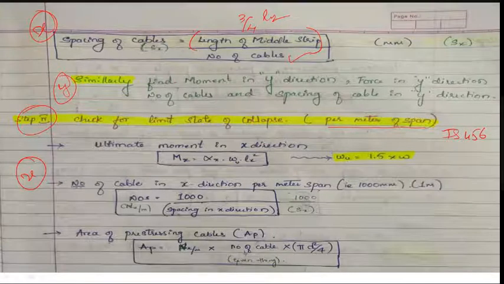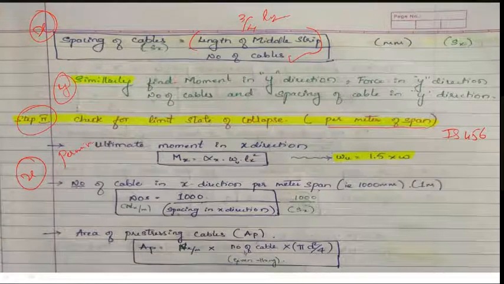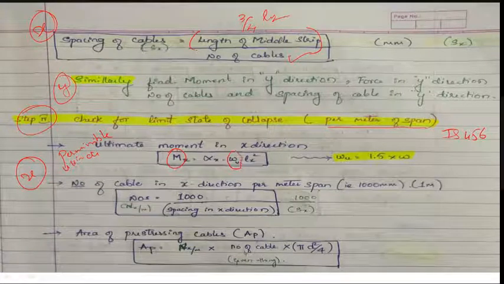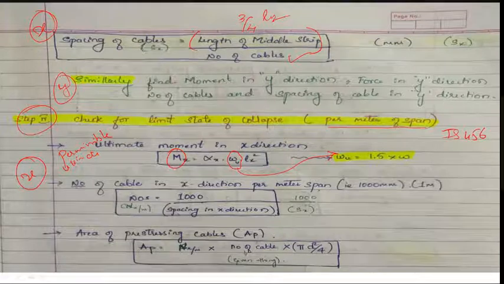This is the permissible ultimate moment in x direction, that is mx alpha x. Here just take care that you should use W, where W is nothing but one factor of total load. So here you will get the permissible ultimate moment.